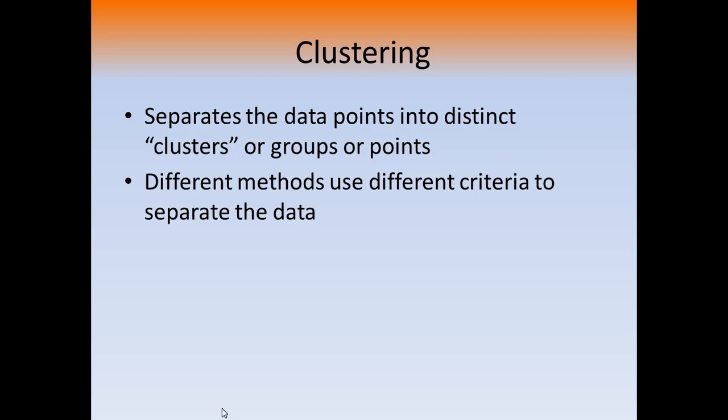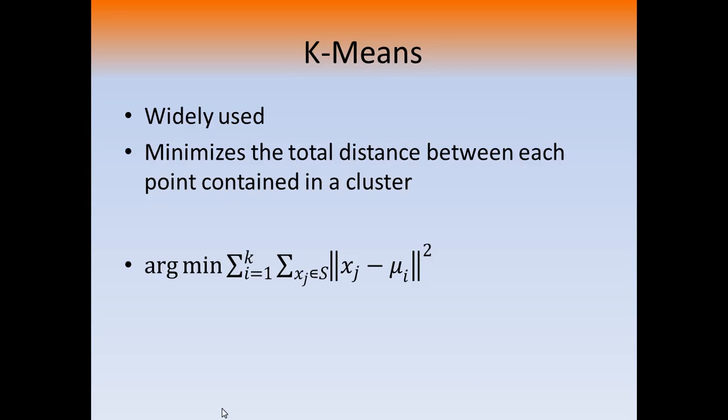So clustering essentially is a way of separating data points into distinct groups by minimizing certain arguments, whether it's the entropy in the data or the distance between all the points in a certain cluster. It essentially takes one of those arguments, attempts to minimize it, and uses that to place them into natural groups.